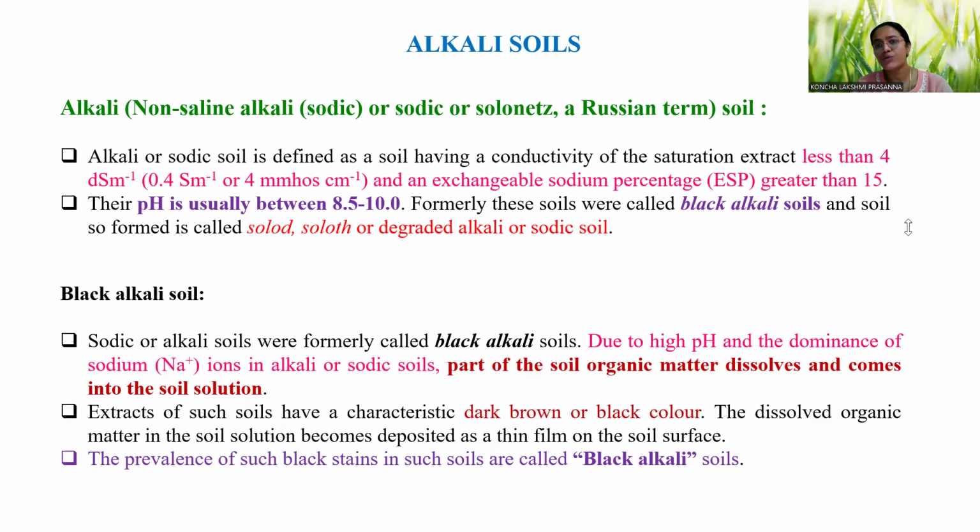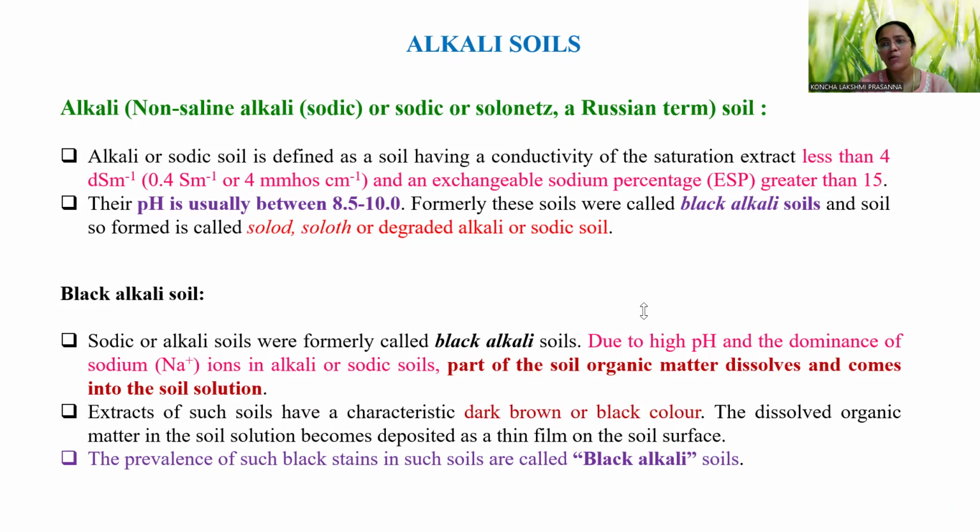These soils are also known as the black alkali soils, and the soils so formed are called solodized soils or degraded alkali soils. Sodic soils are also known as black alkali soils because they are formed due to the high pH and the dominance of sodium ions on the exchange complex of the clay.